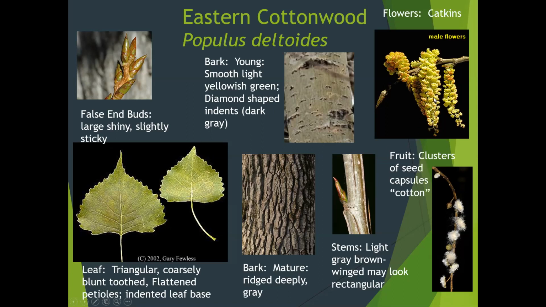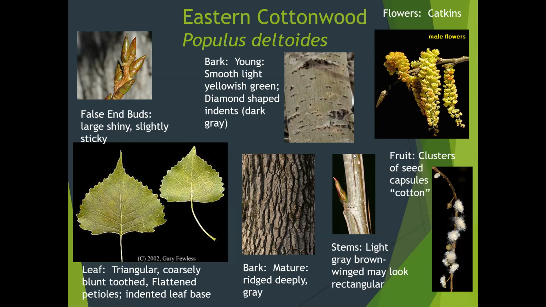It has these pretty exuberant catkins. And then here are the seed capsules, the cotton, and it just spreads like crazy. You can really, really see it. It's just like it's snowing when you're out on a spring day and the wind is blowing.